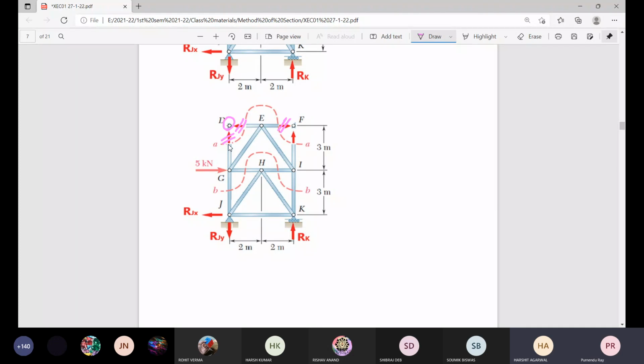So you find this one. Now once you find this force, what remains? Other three forces, that is this one, this one, and this one. Now any special idea you can utilize now?